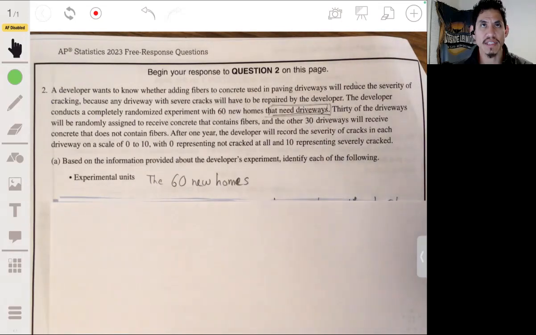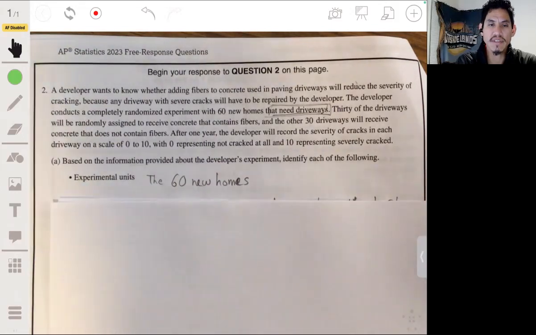I guess one way to think of it, and this might be a stretch, is if you're testing a medication on a person's heart rate. Let's say you're testing whether this medication lowers a person's blood pressure, or maybe the heart rate, the pressure on their heart or something like that. And you have 60 people, 60 subjects.